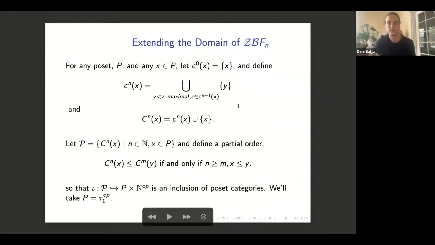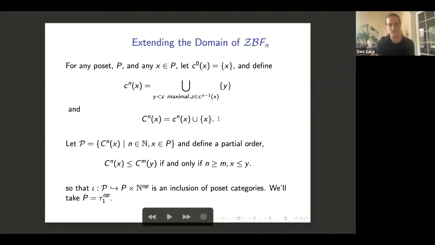For a poset P, you can take any point in there and let little c0 be the set containing that point. And then you can inductively define little cn. First, c1 would be all of the maximal proper subobjects of X, the point you started with. c2 would be all of the things that are maximal proper subobjects of those, and so on. And then define big Cn to just include the element X that you started with so that you know where you came from.